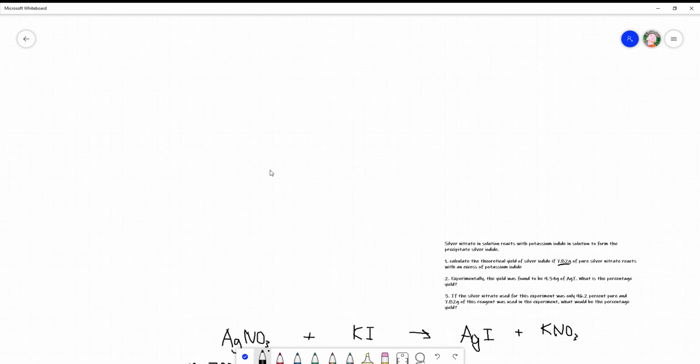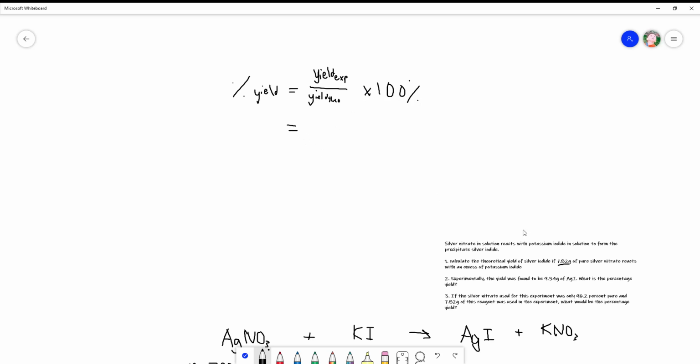So the percentage yield is calculated by taking the experimental yield and dividing it by the theoretical yield, and then multiplying it all by 100%.